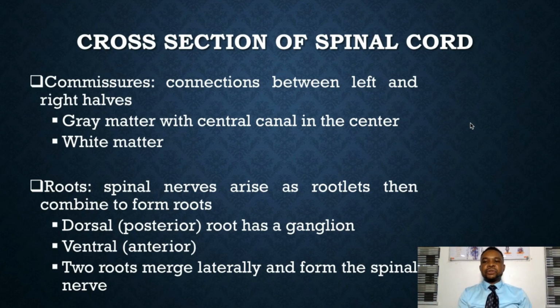The spinal cord also has roots. Spinal nerves arise as rootlets, then combine to form roots. So we have the dorsal or posterior roots, which have a ganglion. Ganglia are aggregations of nerve cell bodies. Then we have the ventral or anterior roots of the spinal cord.